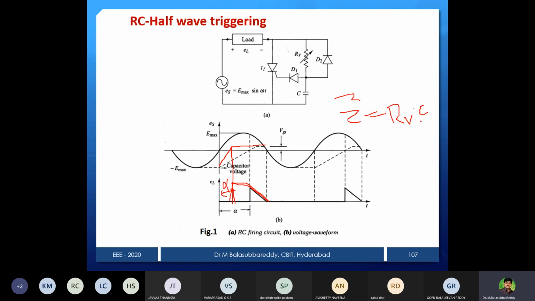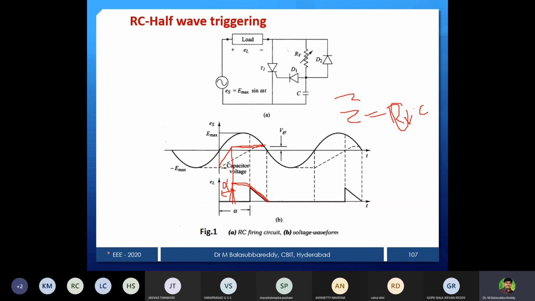Because I keep RV very small, therefore at a very fast rate it will change over from minus V maximum to 0, and then become VGT. VGT is a very small voltage only, because only gate and cathode are required to get Ig minimum. After all, it is only milliamperes of current we need to pass. So to get that VGT, how much time it takes is decided by RV. That is the alpha.